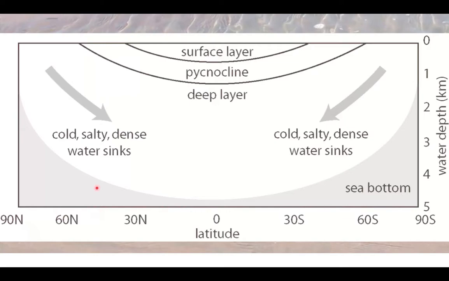It's a local phenomenon. I will discuss it later. The pycnocline concept is important for understanding how the surface current mixes with the deep currents and turns into the whole thermohaline circulation, the meridional oscillation.